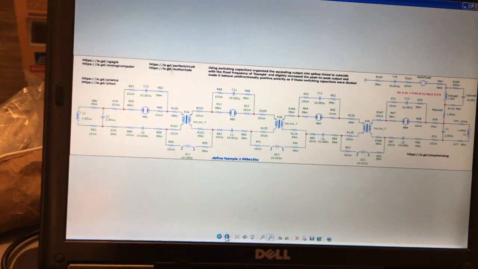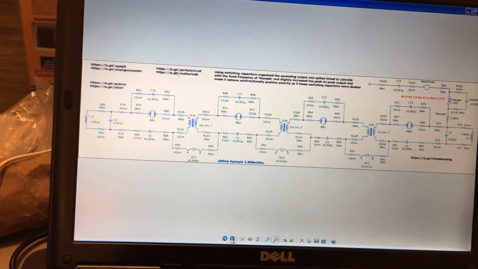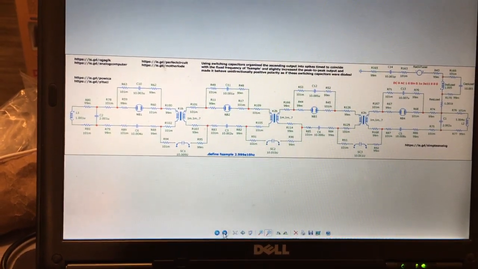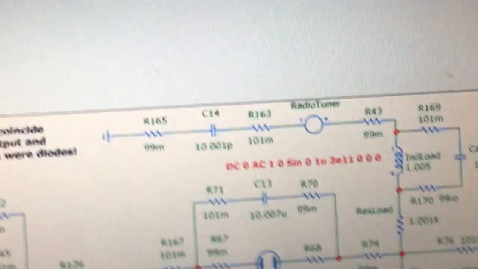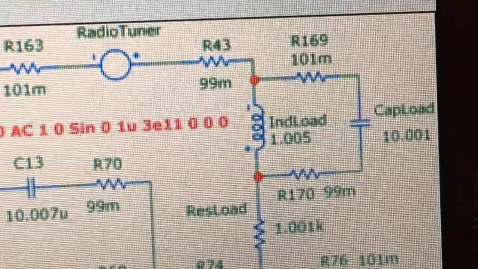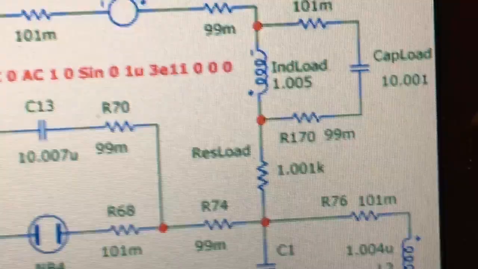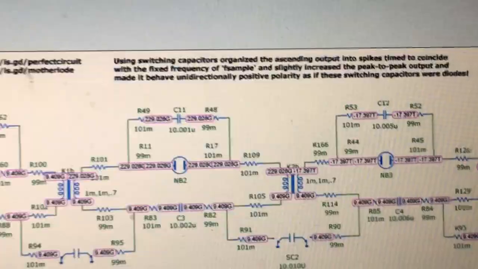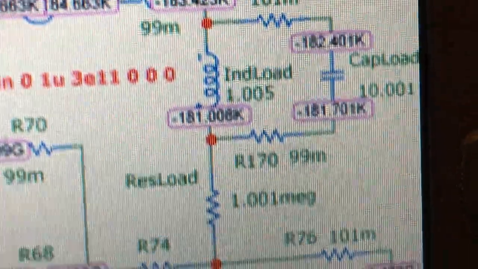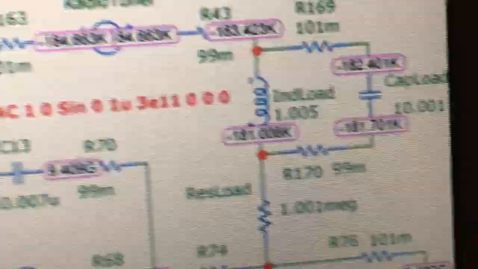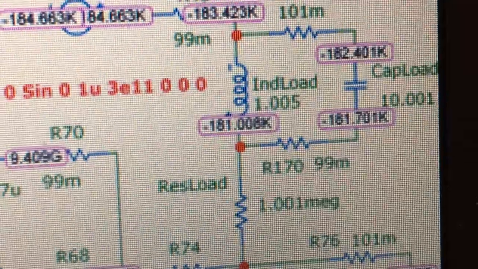Here's the schematic. Now I've increased my inductive load to... No, I didn't. Whoopsie, I'm going backwards. All right, now here are the node voltages. I've increased the resistance now to 1 mega ohm.